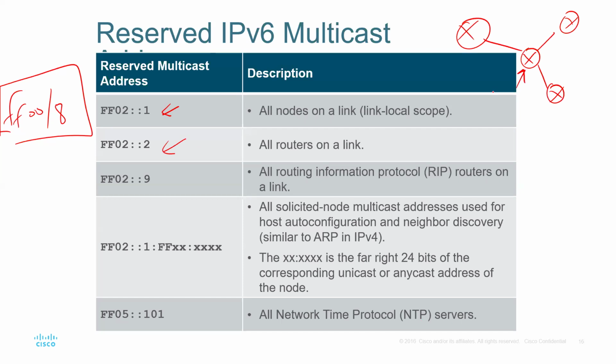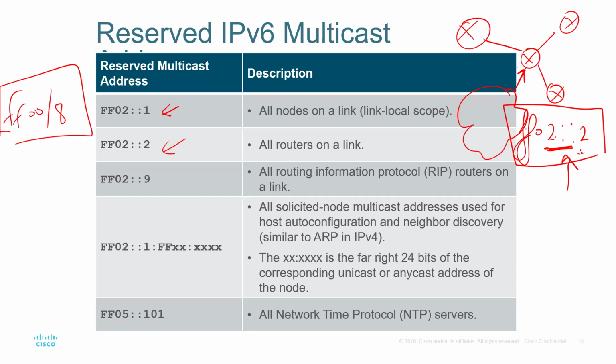If it wants to share information, or if it wants to get information from the other routers, it sends a packet destined to FF02::2. Then only routers will receive the packet. My devices in the network, for example, cannot receive that packet, because that multicast address is specifically for routers.